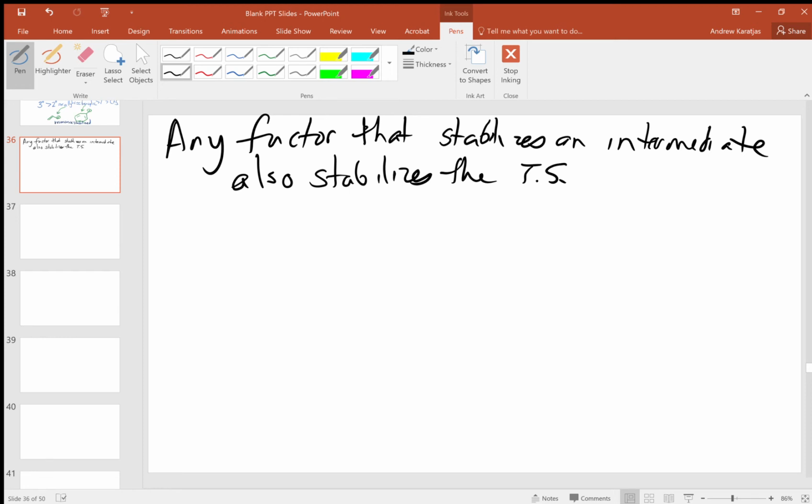Well, if we stabilize the transition state, this lowers the activation energy.